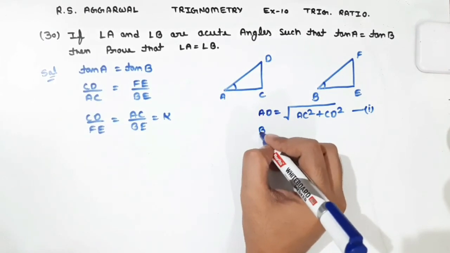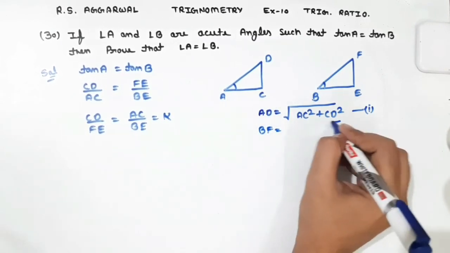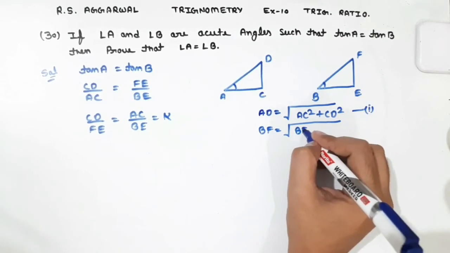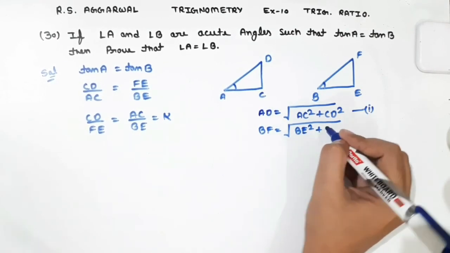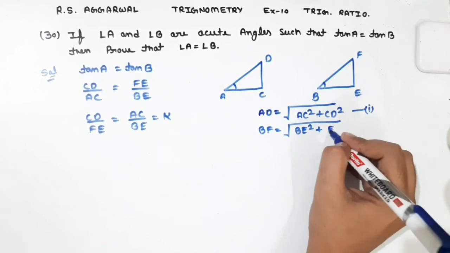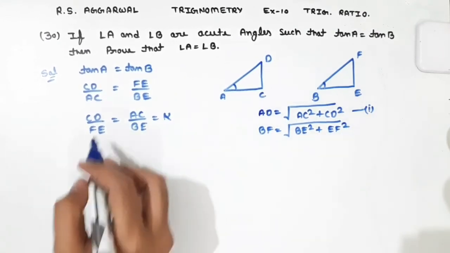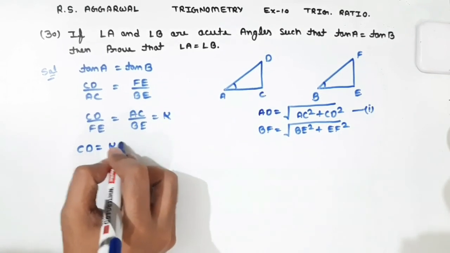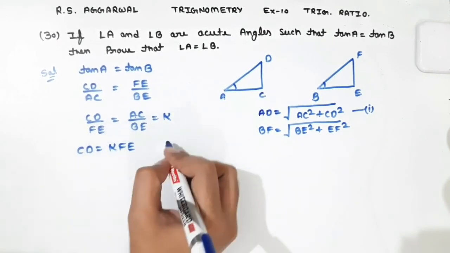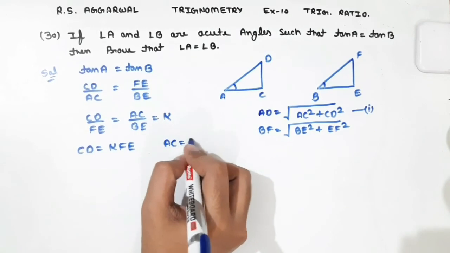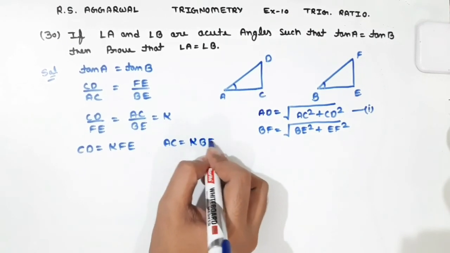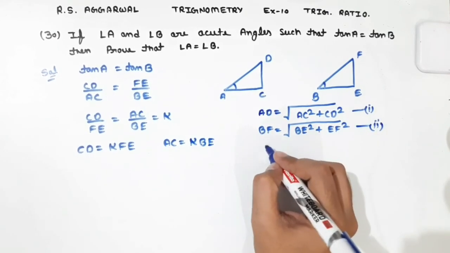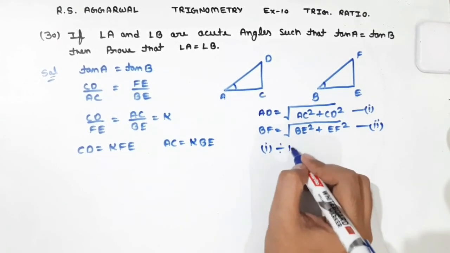And BF will be equal to under root BE square plus EF square. From here CD will be equal to K FE and AC will be equal to K BE. This is equation second. Now we will divide equation first by equation second.